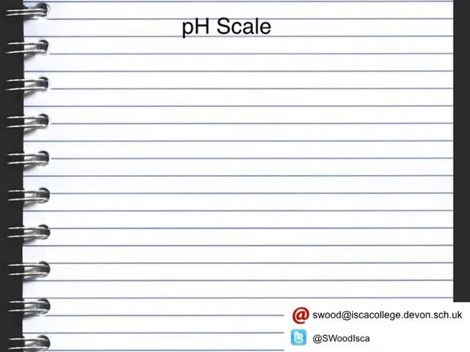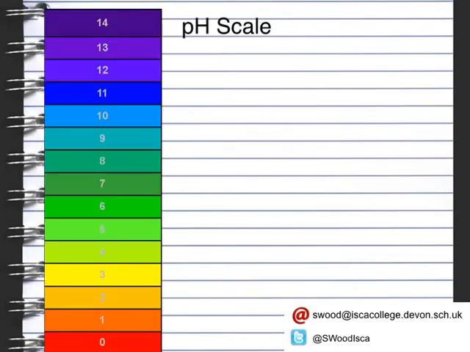Now if we understand the pH scale, it's quite easy to give an explanation as to what an acid and a base might be. If we look here at the pH scale, we've got the numbers 0 all the way up to 14. Anything that is 7 in the middle is what we describe as neutral.